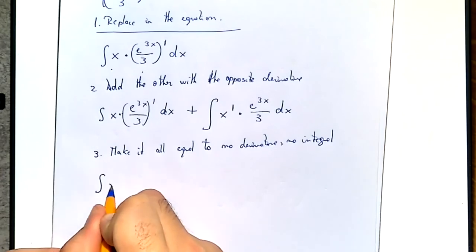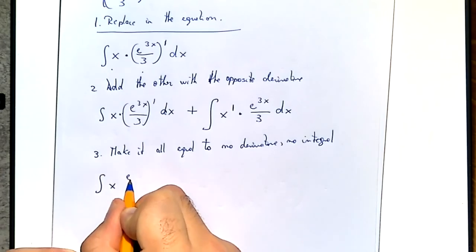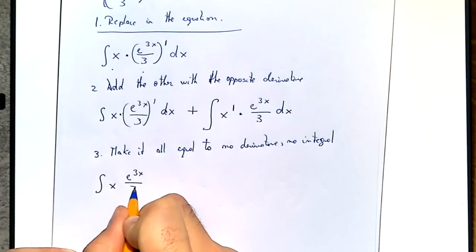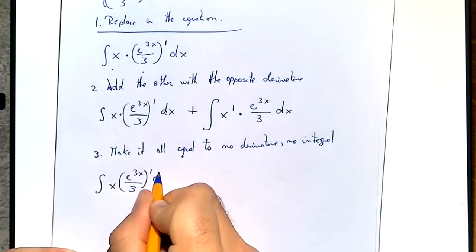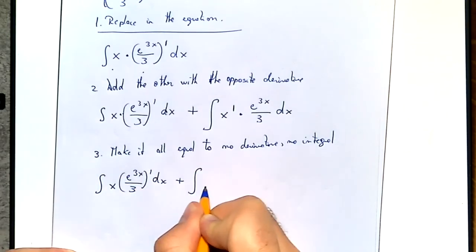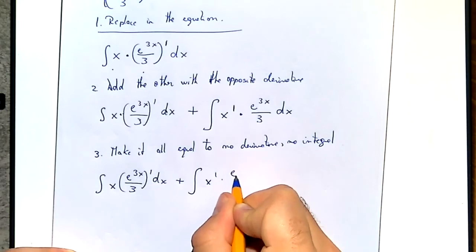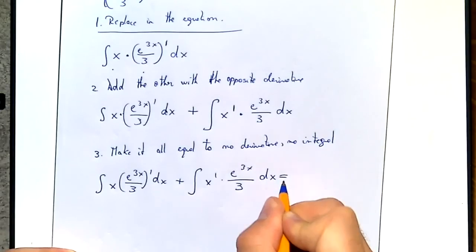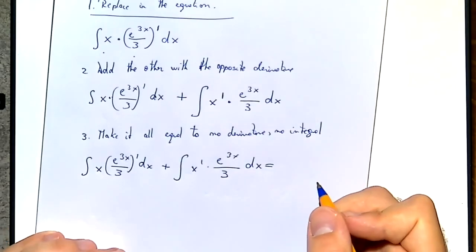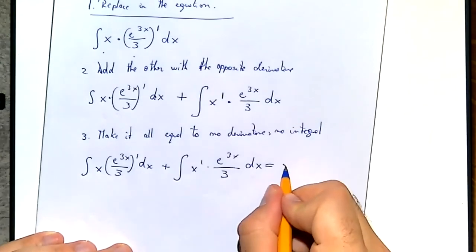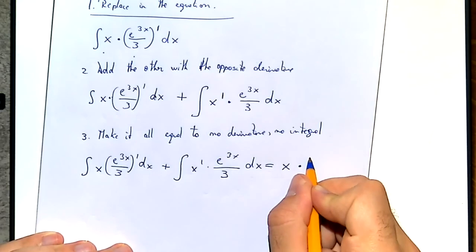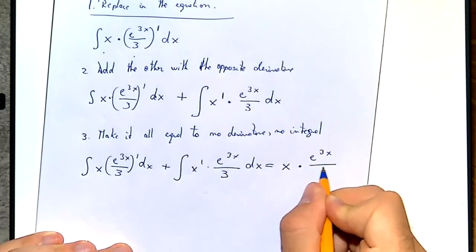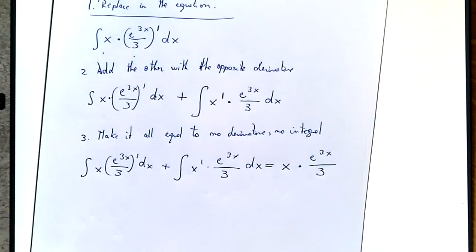So the integral of x times the derivative of e^(3x)/3 dx plus the integral of the derivative of x times e^(3x)/3 dx. I said make it equal to no derivative, no integral. So the terms with no derivative and no integral on them. Cool, makes more sense now what I'm doing.